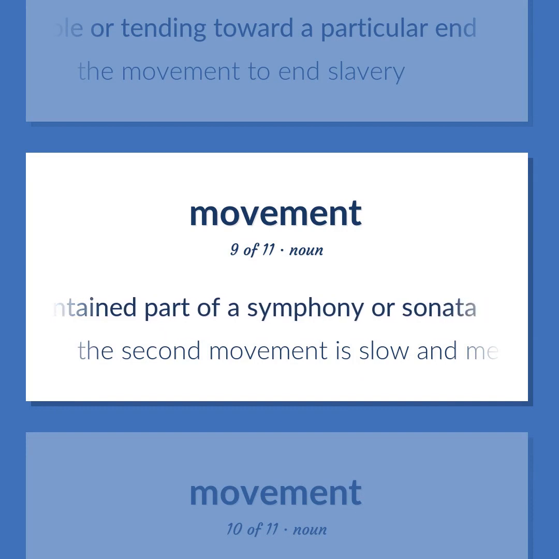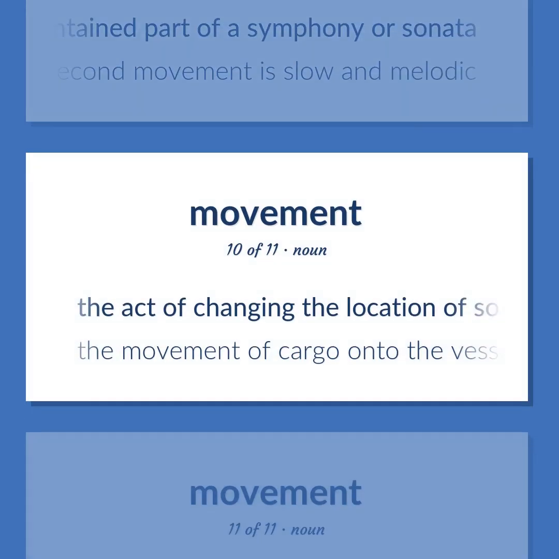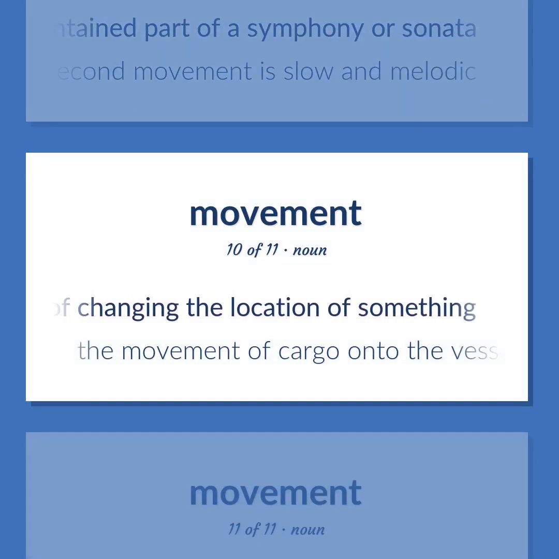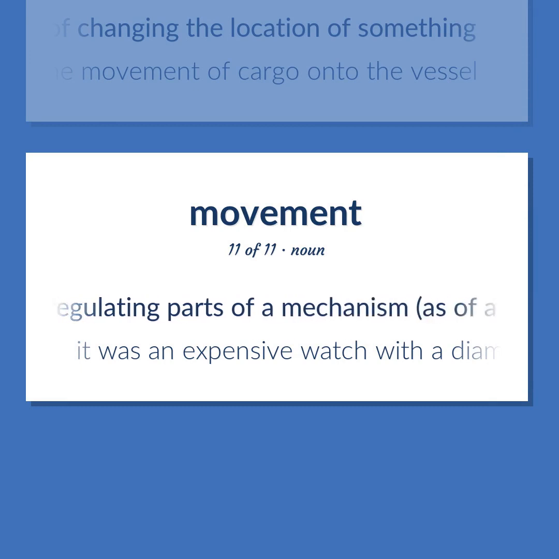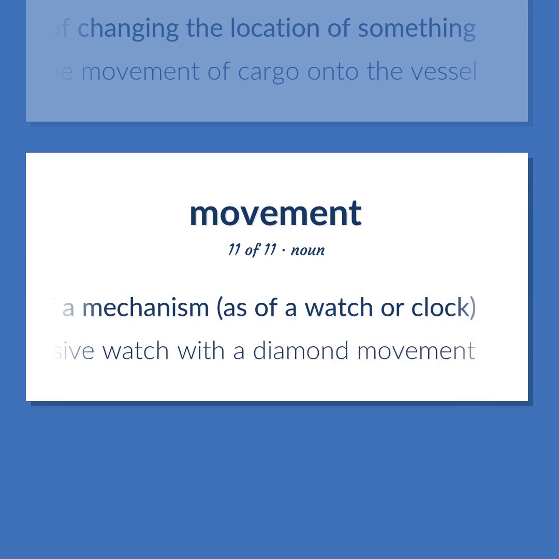The second movement is slow and melodic. The act of changing the location of something. The movement of cargo onto the vessel. The driving and regulating parts of a mechanism, as of a watch or clock. It was an expensive watch with a diamond movement.